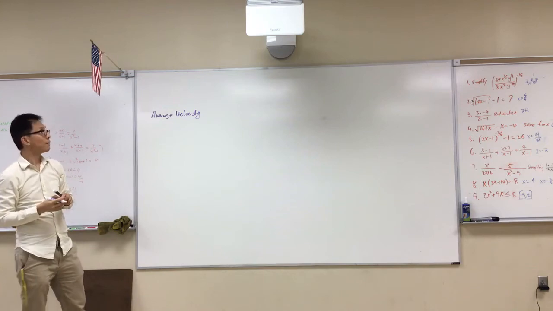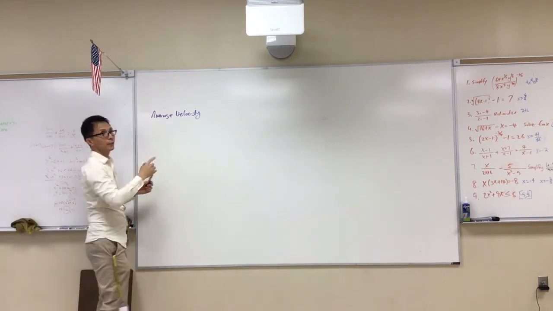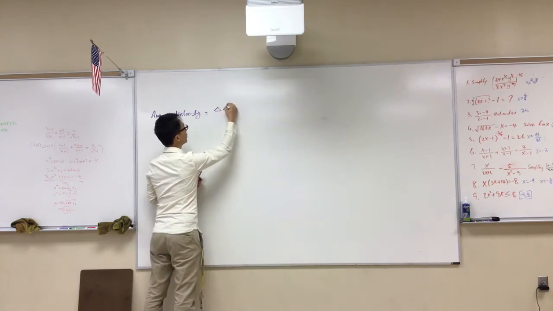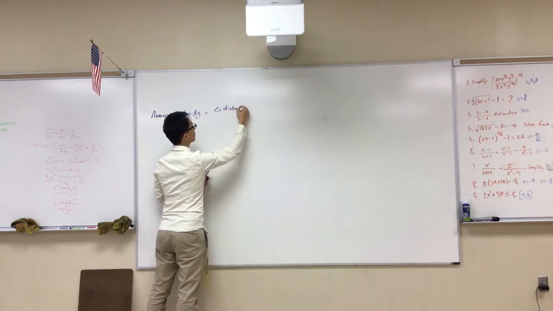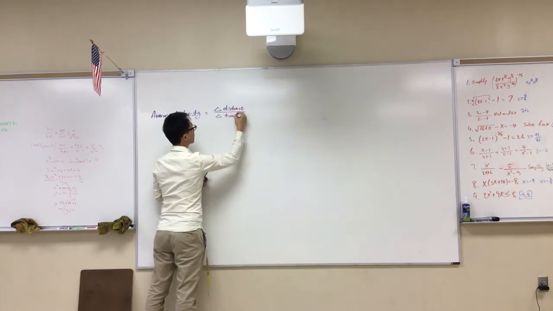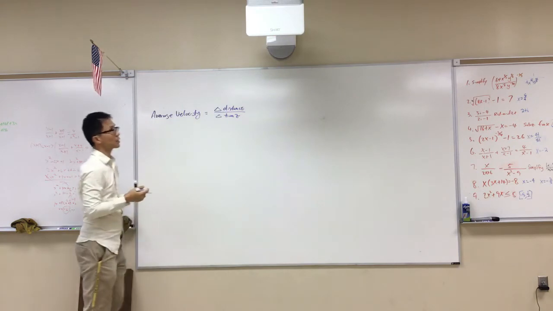Average velocity is basically the change of distance, so we're going to use delta of distance over the change of time. So, change in distance over change in time.